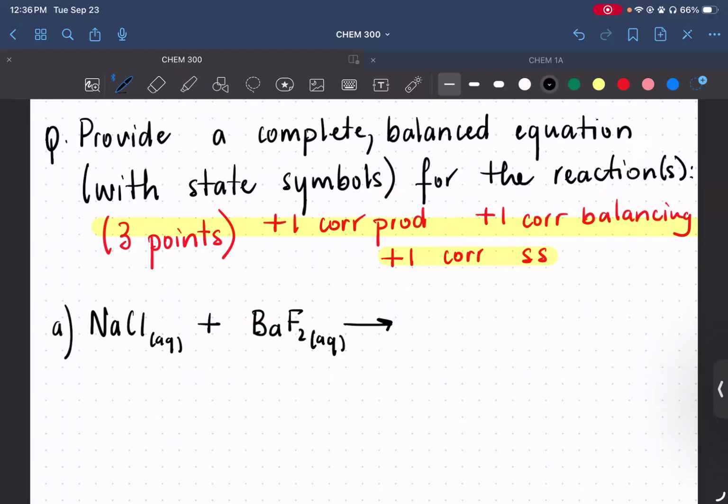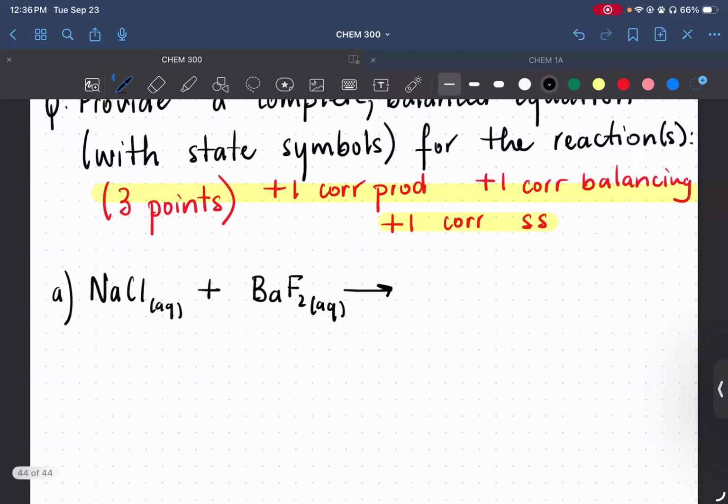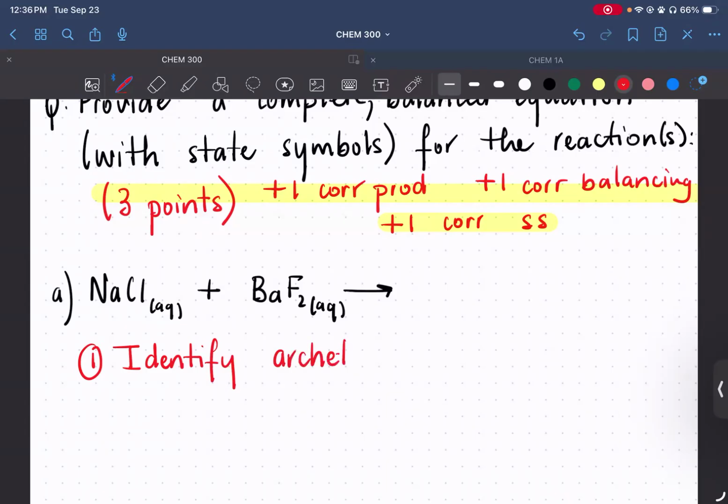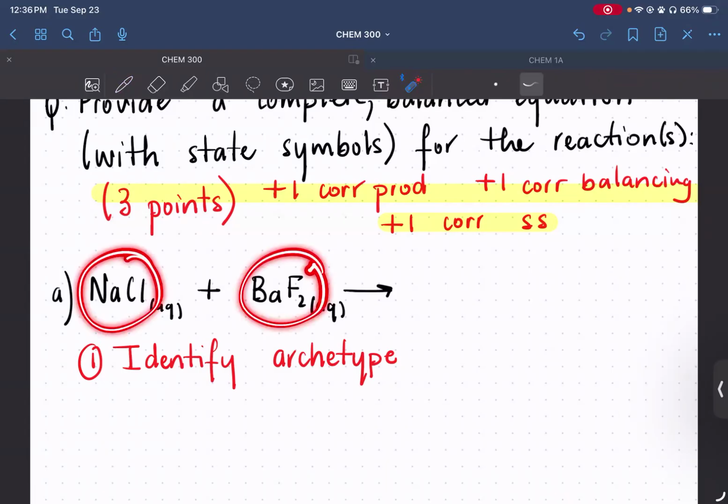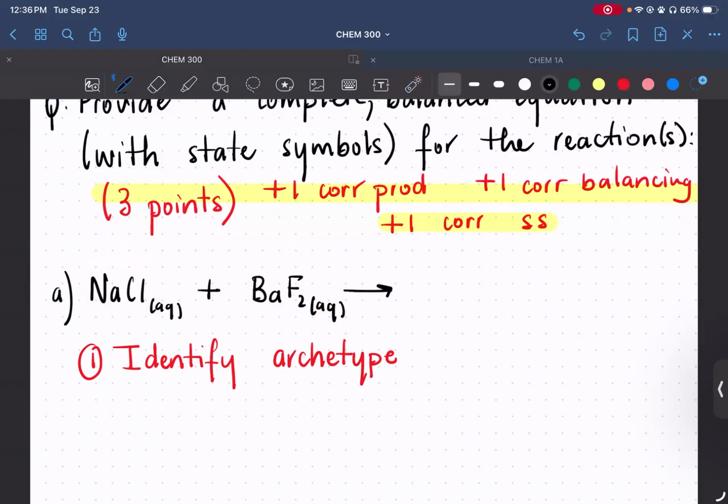Now, I will give you exact instructions on how to predict the products here. Step 1. The very first thing we are going to do is identify the archetype. In this case, we should quickly recognize this is an example of double displacement. This is actually going to be one of our most popular reaction archetypes. Double displacement accounts for, I think, like 85% of all reactions.